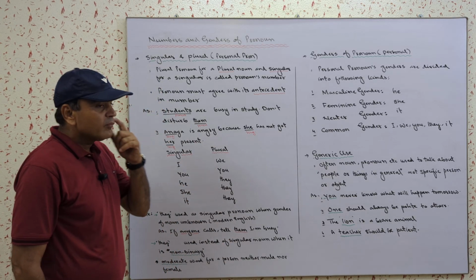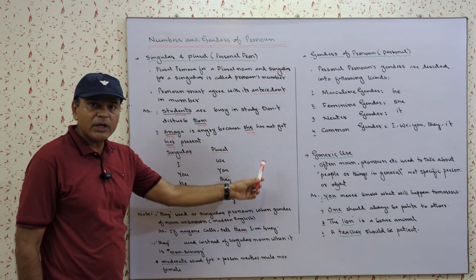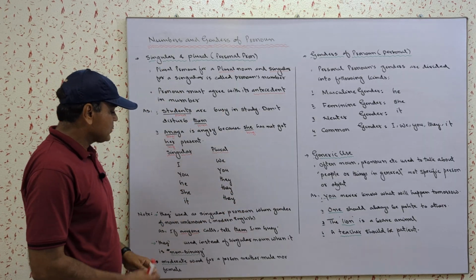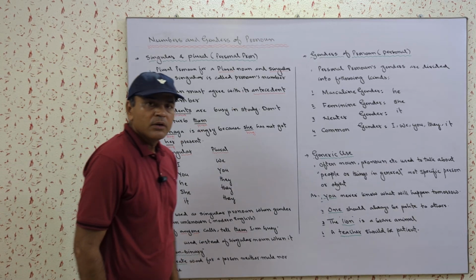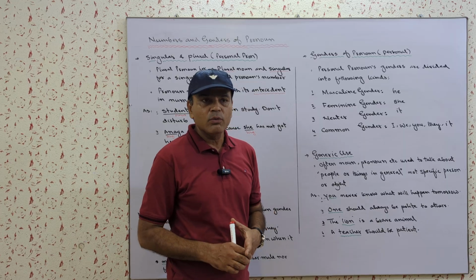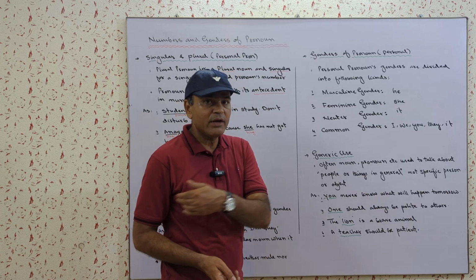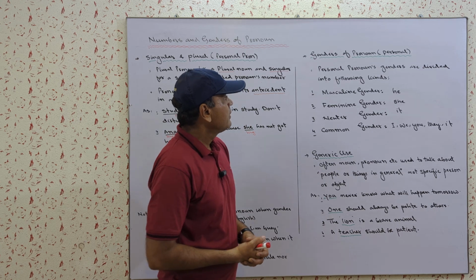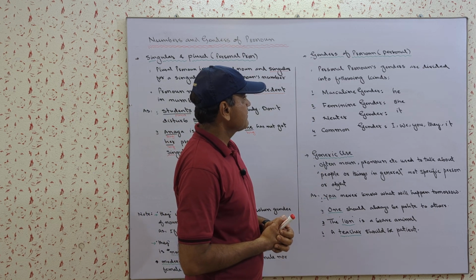So I think I made it clear what is a singular and what is a plural pronoun. Now let us talk about the genders of the pronoun. You know, the pronoun is used in place of a noun, and a noun has gender systems. We learned that in our last video. But a pronoun also has 4 genders.